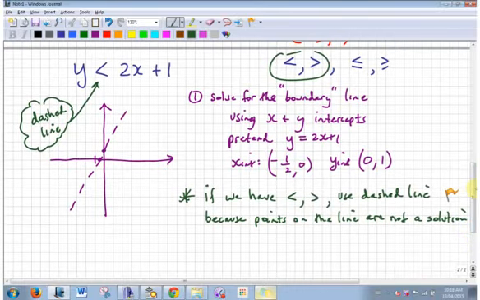So the new part is the inequality, so we got a dashed line.